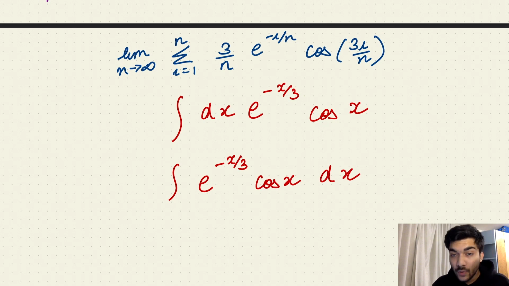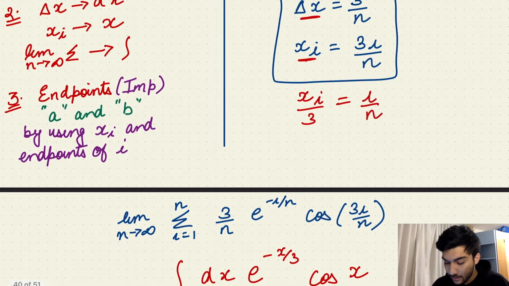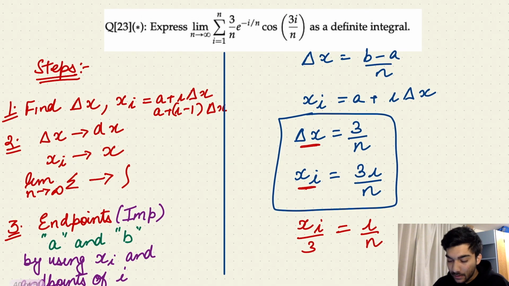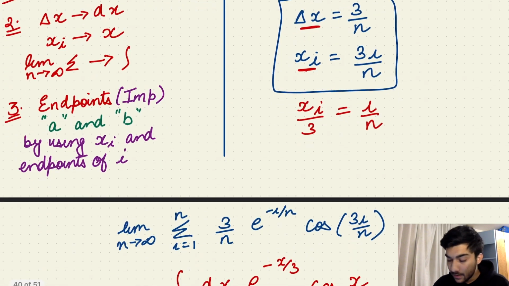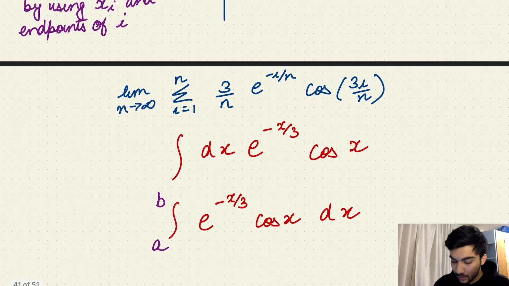Now my only remaining thing is the calculation of those endpoints, which are denoted by a and b. This is the most important part, because identifying the pattern, extracting delta x and xi, and doing all those conversions is easy, but the endpoint calculation is a bit trickier in most of the questions that you do.